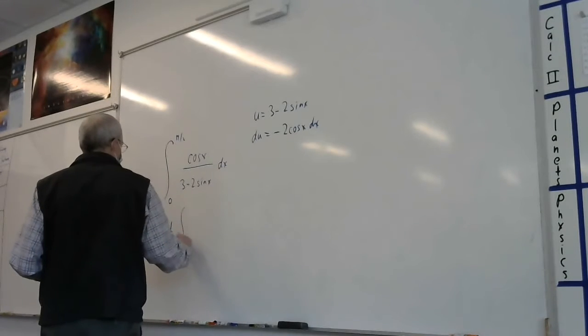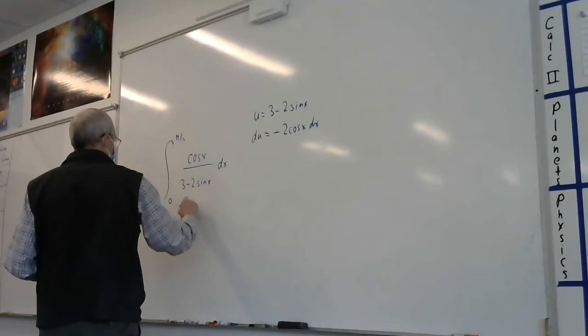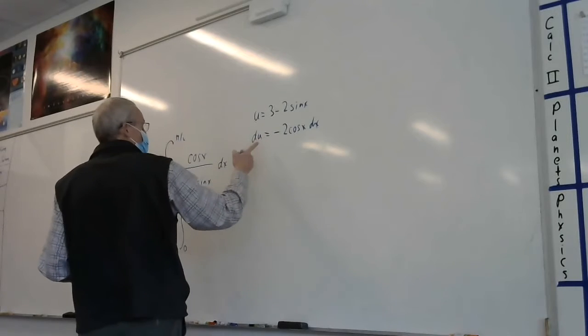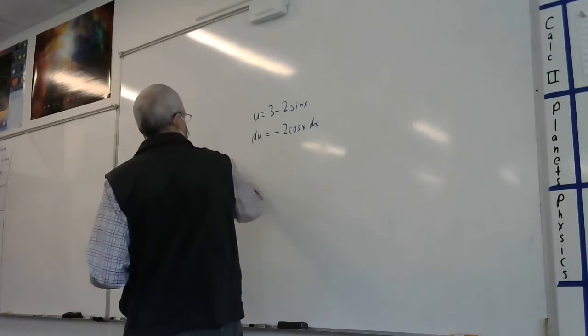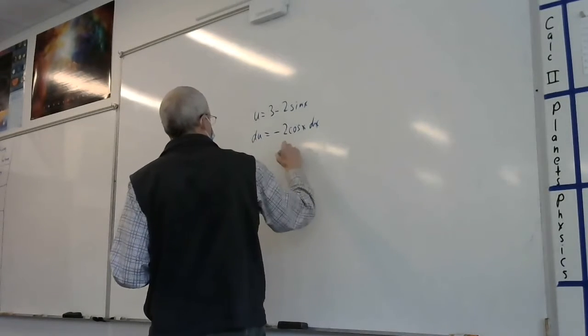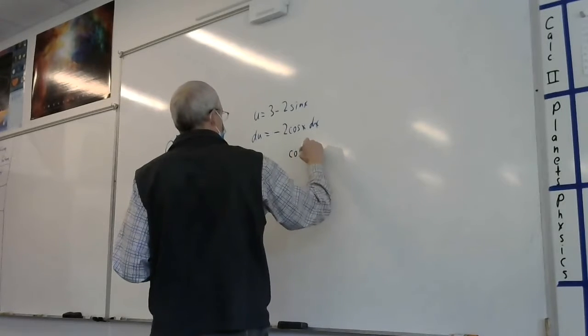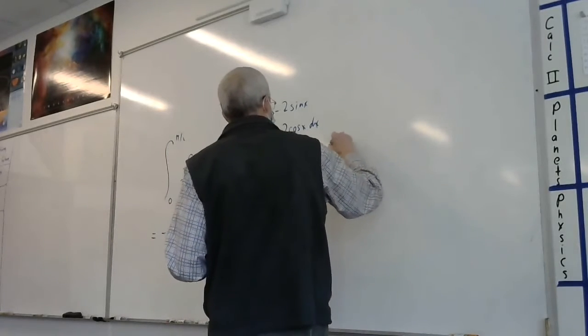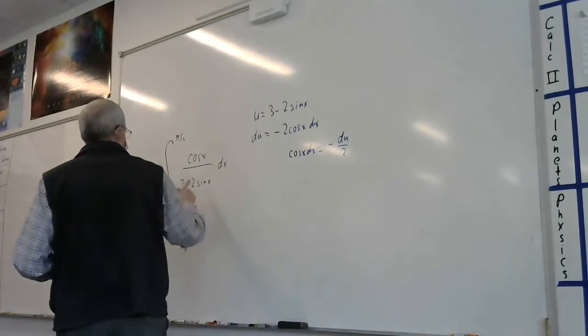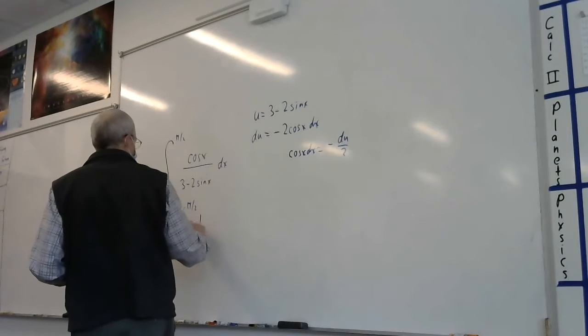There's that 2, the integral from 0 to pi over 2. The u takes out the cosine x dx. Cosine x dx is equal to negative du over 2. So we just have 1 over u again.